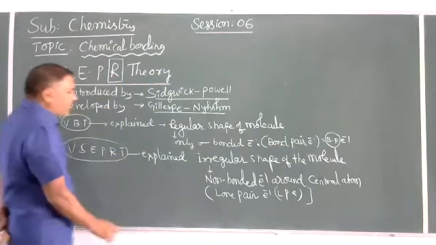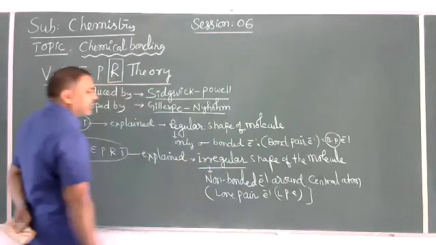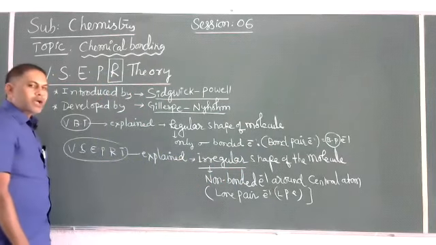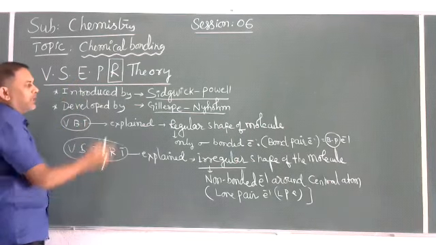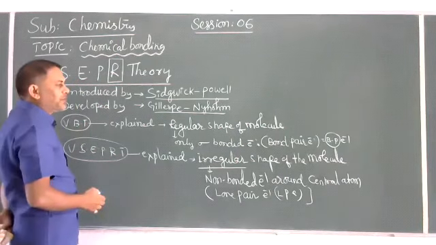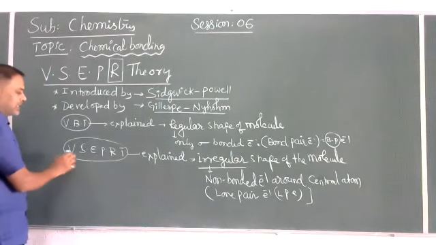So to explain the irregular shape of the molecule based on pairs of electrons, either bond pairs or lone pairs, four people, Sidgwick, Powell, Gillespie, and Nyholm, created an important theory, that is valence shell electron pair repulsion theory.